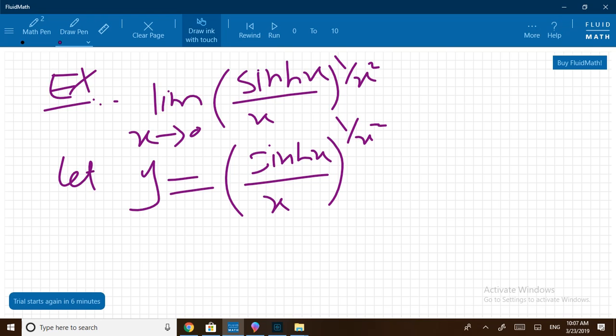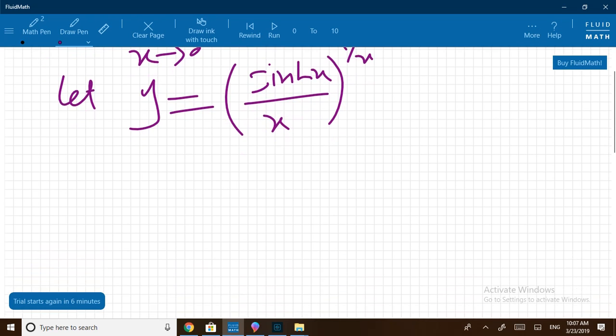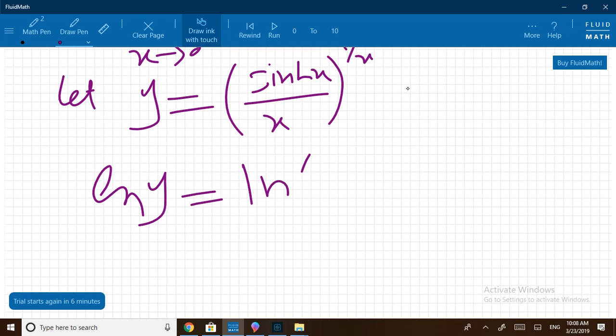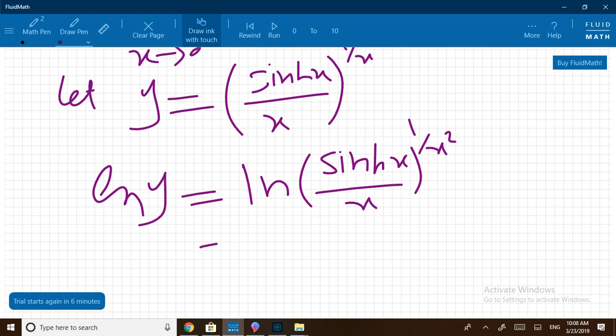Okay, see, the first step is simple, just like we take the natural log, that is natural log of (sine hyperbolic x divided by x) raised to 1 by x square. The limit is, of course, as given, x approaches 0. By the property of log we will write 1 over x square before.